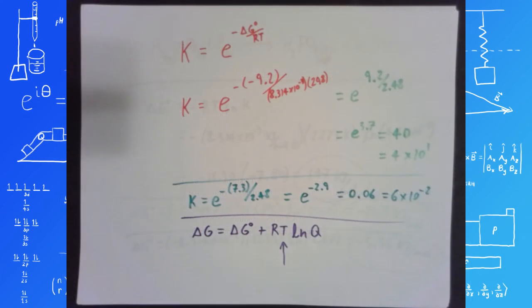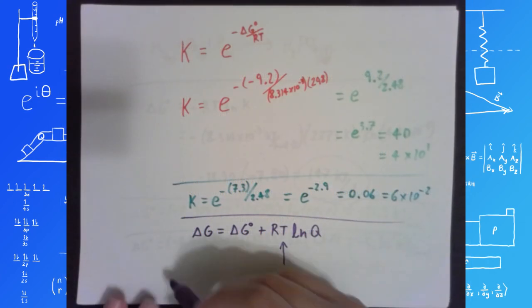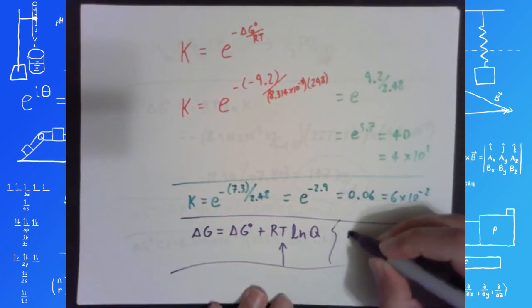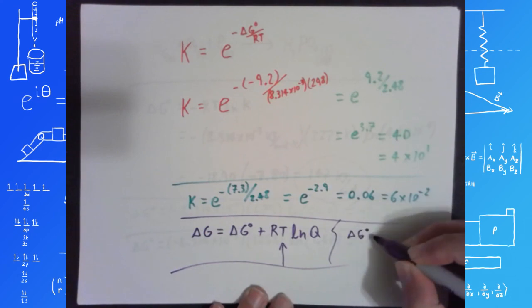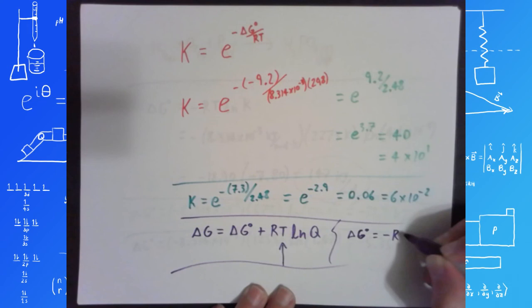If it's at equilibrium, then maybe they're just talking about delta G standard equals negative RT ln of K.